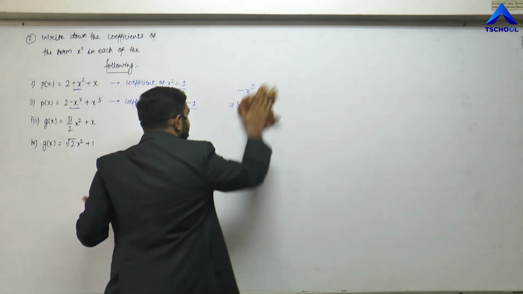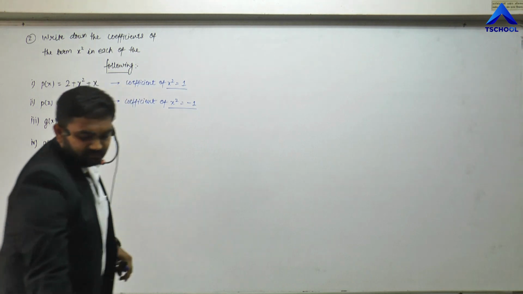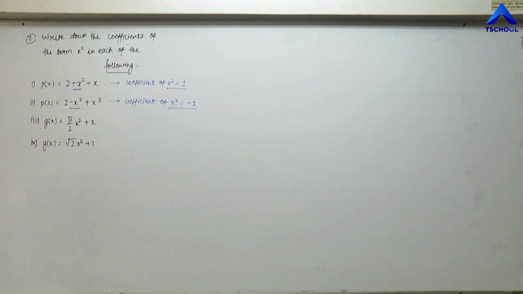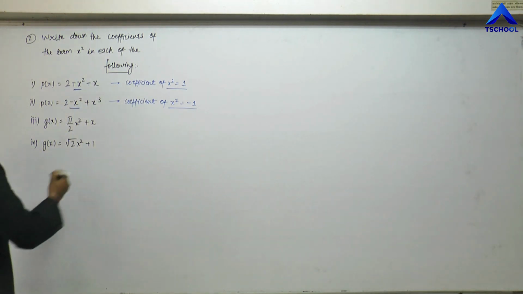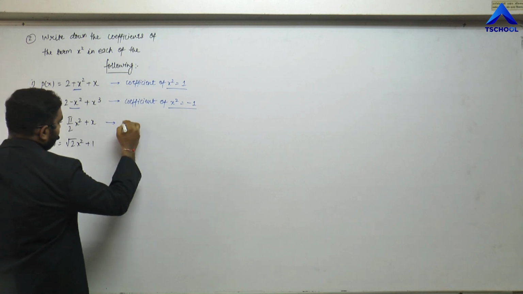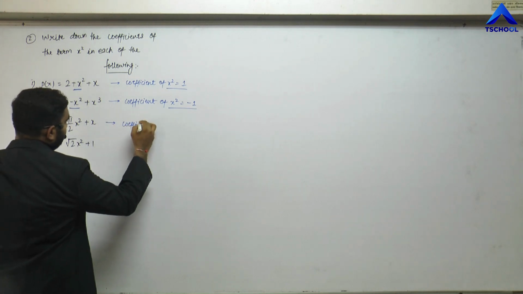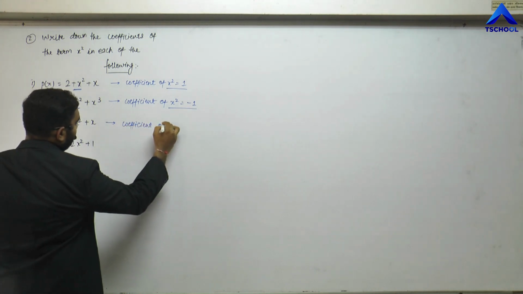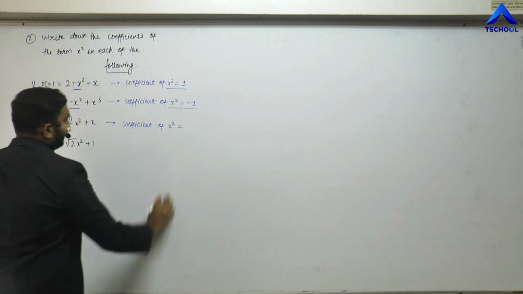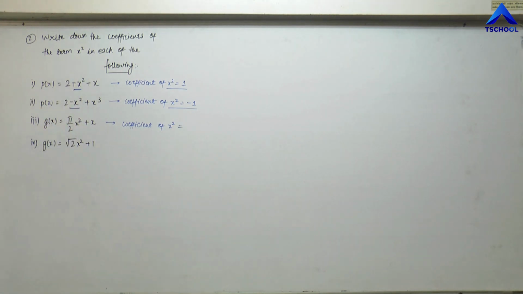Then we have the third example, g of x equals pi by 2 x square plus x. The coefficient of x square here is pi by 2. Why?